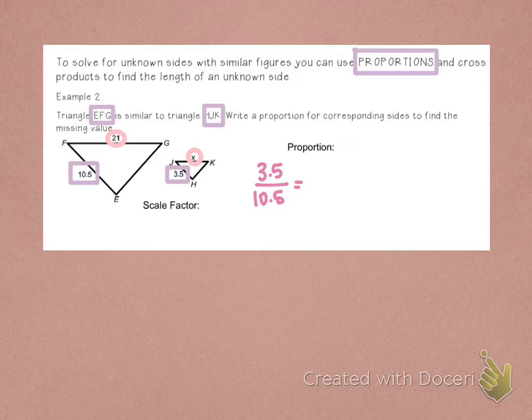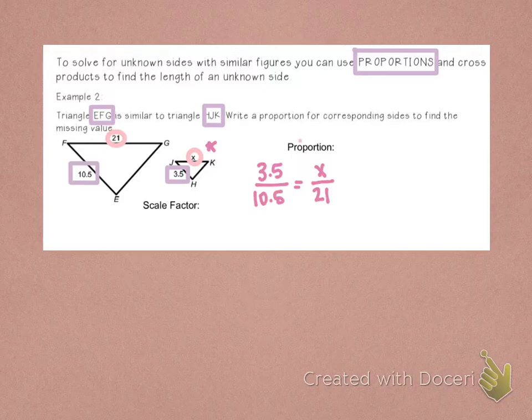I started with this one first, so 3.5 is on top, therefore x has to be on top. So we always want to make sure that our numbers are in the same spot, so that we don't lose how we find x.